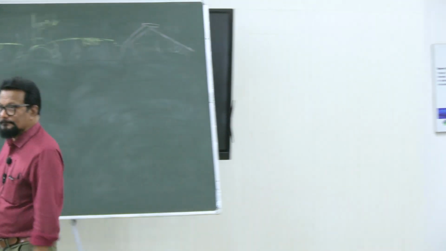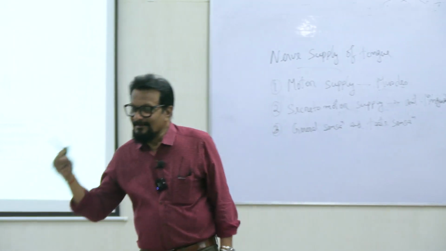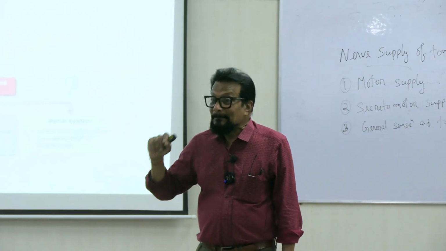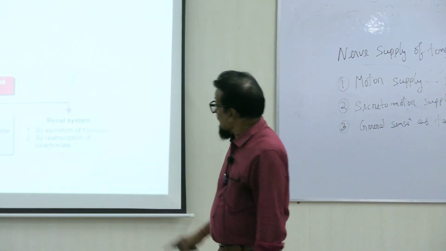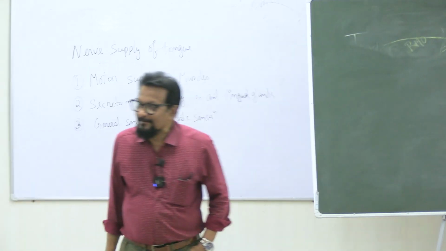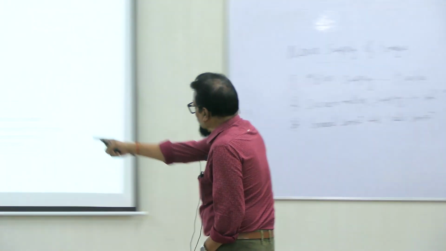And the second one takes minutes to control the pH. And the renal system, how much time will it take? It is the most efficient, vital part among all these.